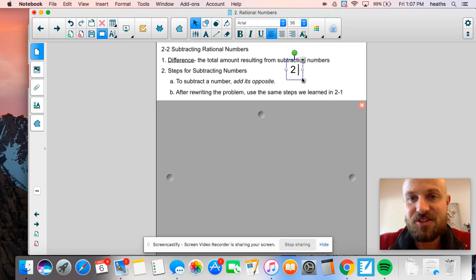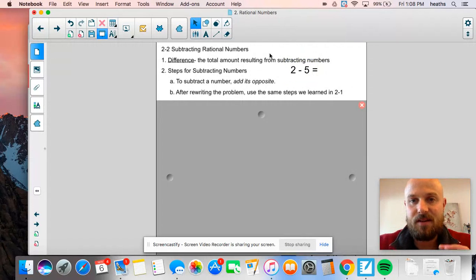So let's say I had 2 minus 5. Let's just do that. 2 minus 5. So if you see this problem and you think, well, gosh, how do you subtract? I don't know what the steps are for subtracting rational numbers. What you're going to do is follow this first step, which is to subtract numbers, add its opposite.